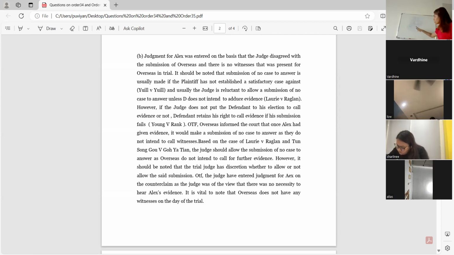Everyone is there, cross-examination takes place. Defense is called, defense closes case, cross-examination takes place, re-examination takes place, everything takes place. At the end, during judgment, the court's decision is to dismiss.